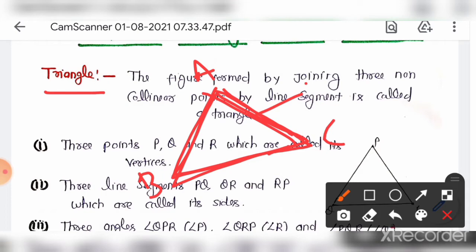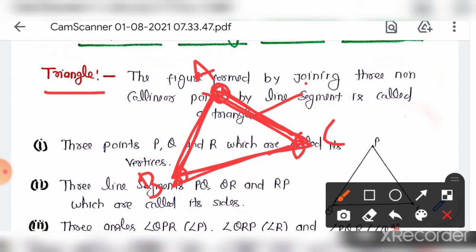In a triangle, the three points P, Q, R, like A, B, C in this case, are called the vertices of a triangle. Point A, point B and point C are the vertices of a triangle. So the three points P, Q and R are called its vertices.